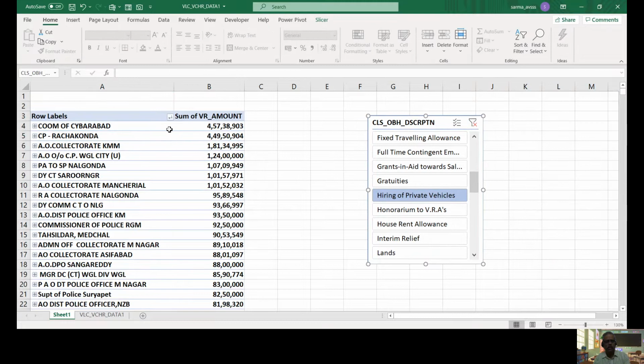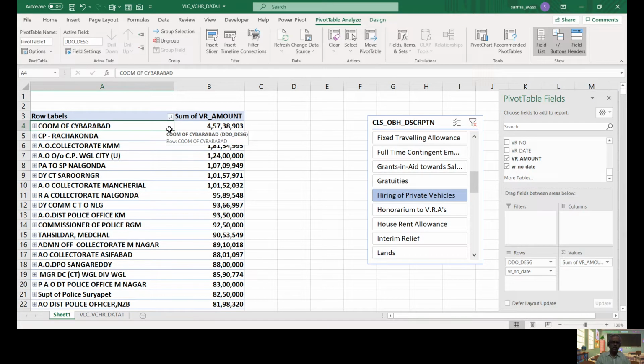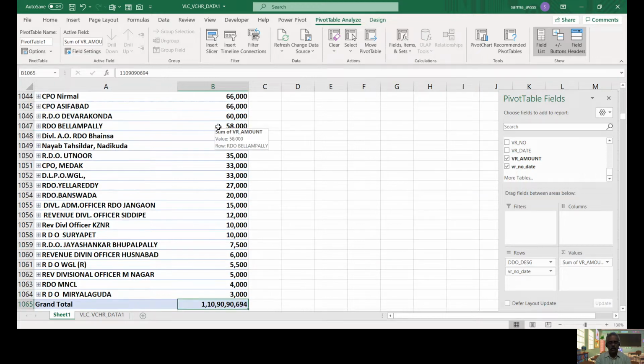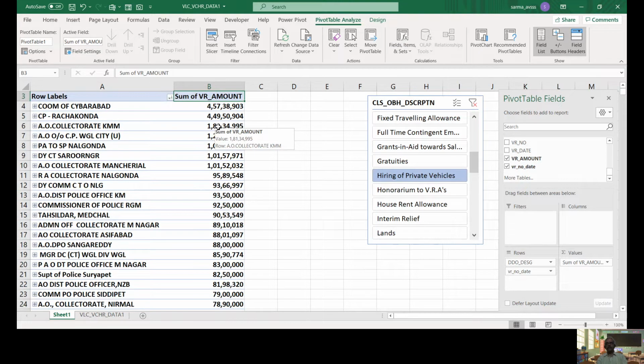By seeing this, we may not find anything, but we know that the top spender spent 4.57 crores, and the least spender spent say 3,000 rupees, and the total expenditure towards hiring of vehicles is say 110 crores 90 lakhs 90,694 rupees. So 110 crores are being spent towards hiring of vehicles, right?